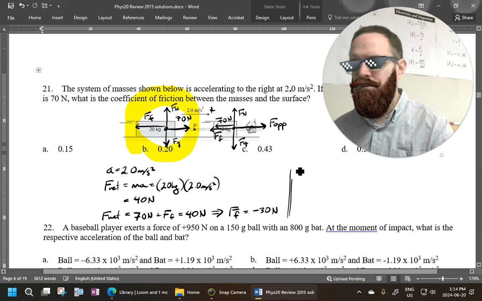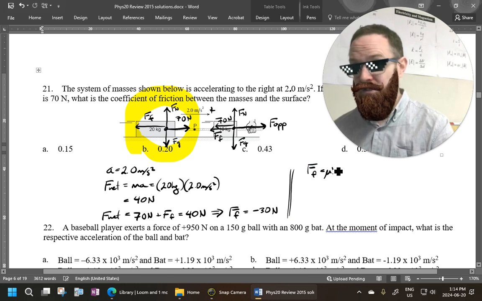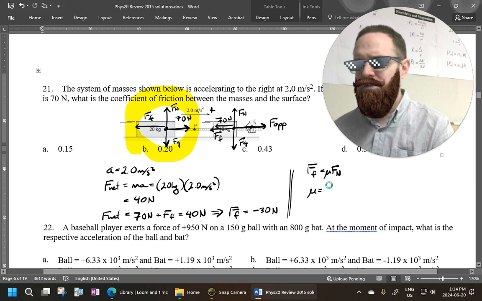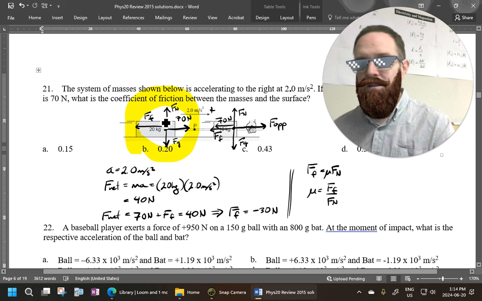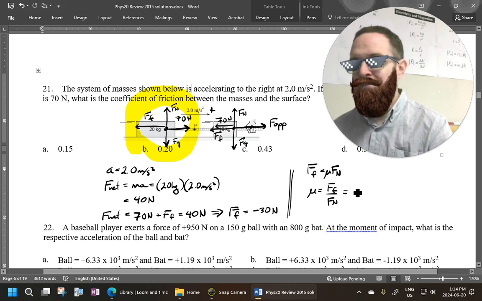Our goal is to find the coefficient of friction, not the force of friction, but mu. That's what we're looking for. So we're going to rearrange this for mu: FF divided by FN. Because we're on a level surface here, my FN and my FG will both be the same. So this is just going to be FF divided by FG.